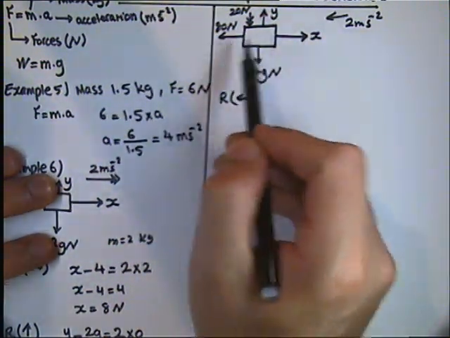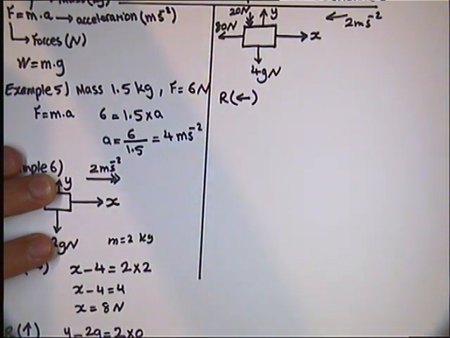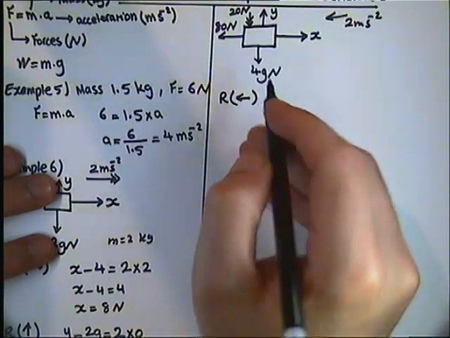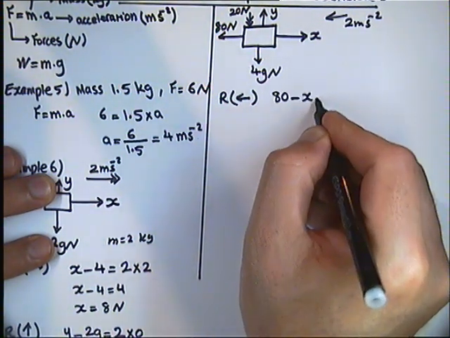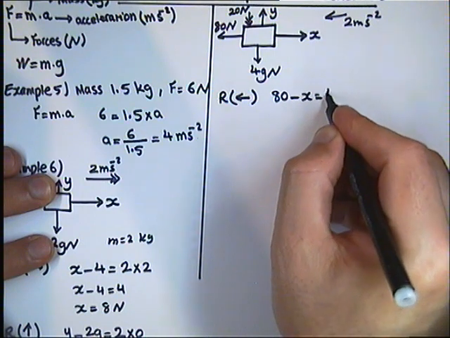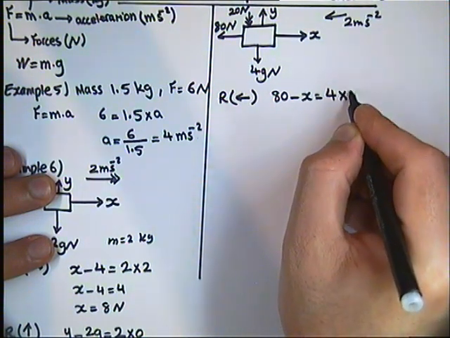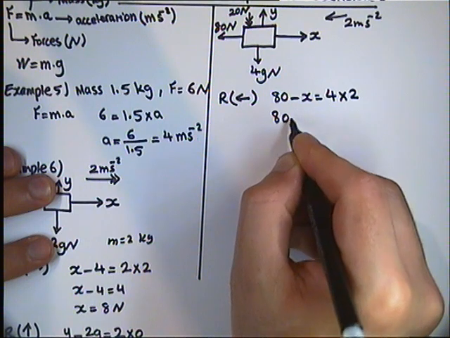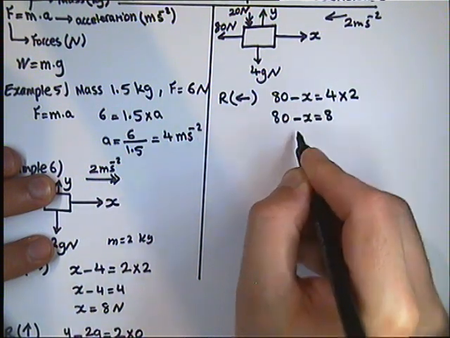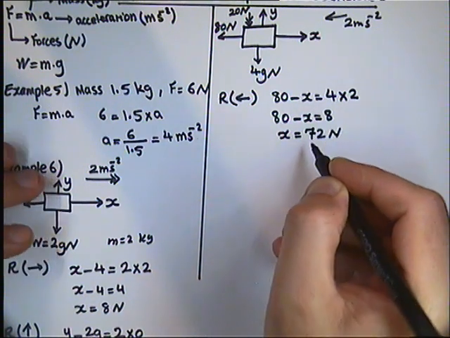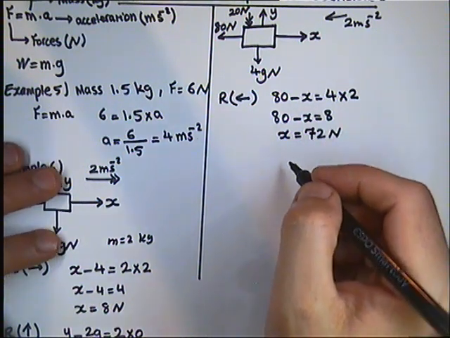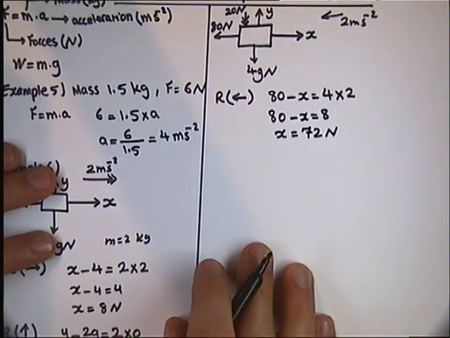All the forces on the horizontal axis would be 80 minus x is equal to mass 4 times acceleration 2. 80 minus x is equal to 8. X is equal to 72 Newtons.